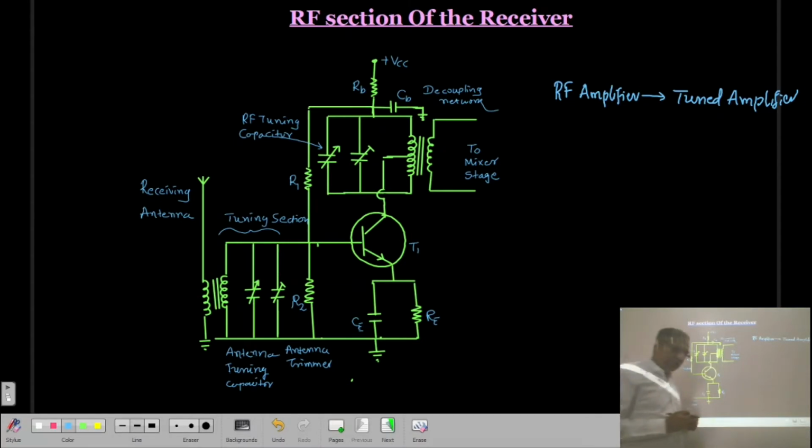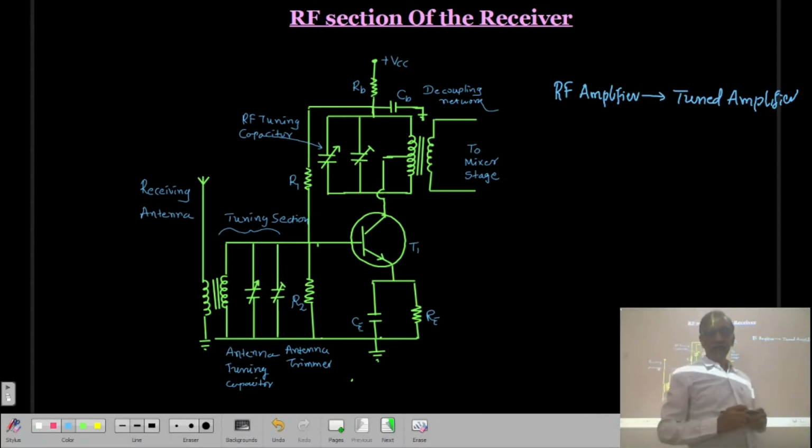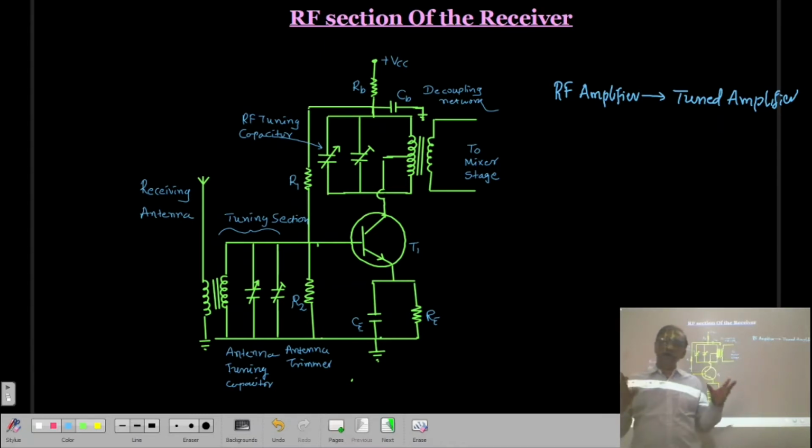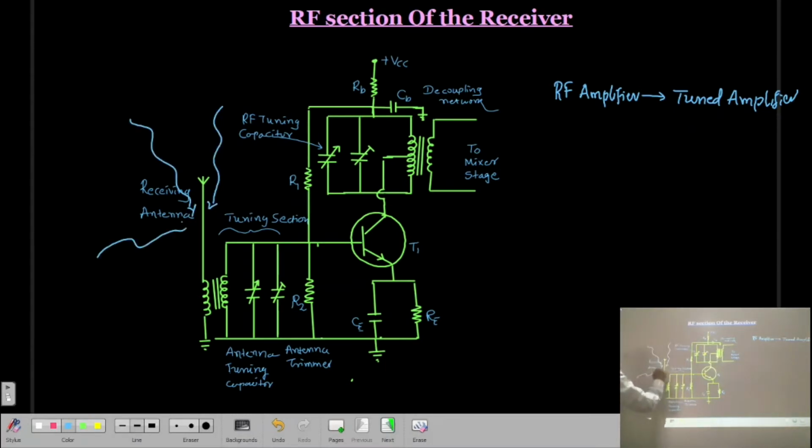The receiving antenna is simply a conducting wire, and it receives a number of signals from different transmitters. Different transmitter signals are propagating in the air, and they are received by this antenna. So in the antenna there will be an induced current.